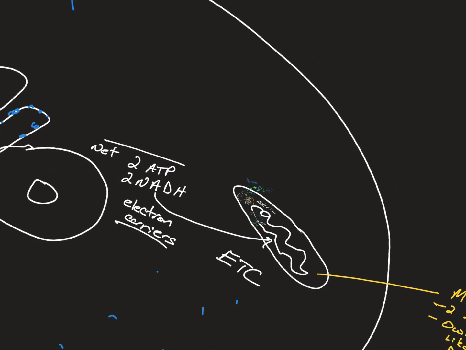What if there's no oxygen? What is the process? The process is called fermentation. Also, another form of anaerobic respiration that happens in the cytoplasm. There's glycolysis, and there's fermentation.